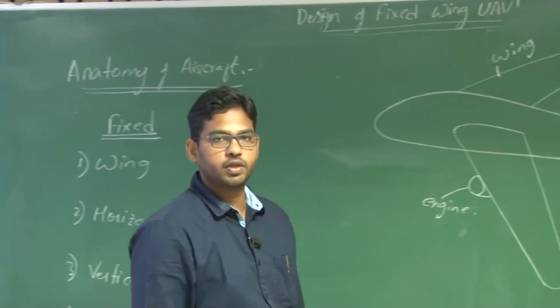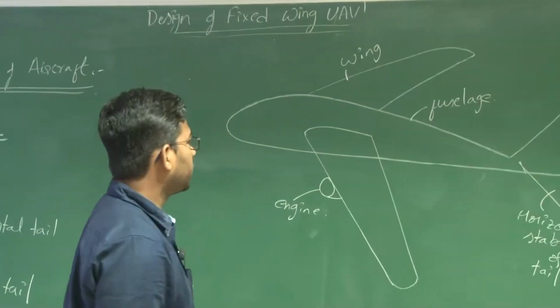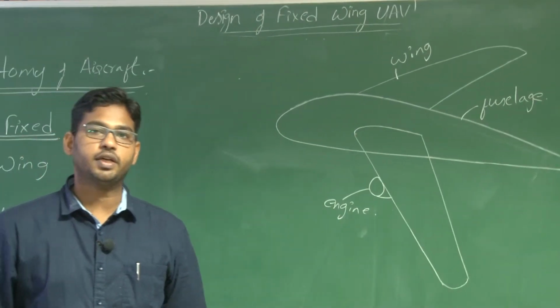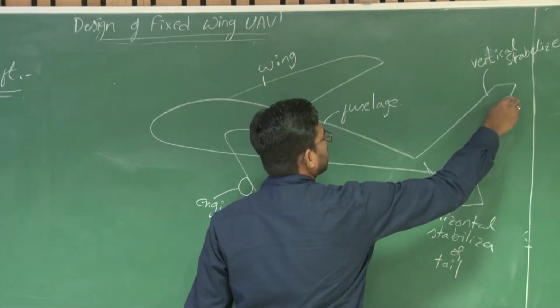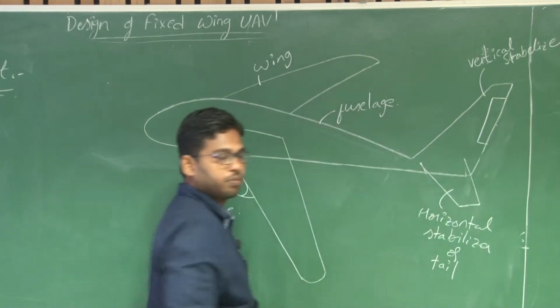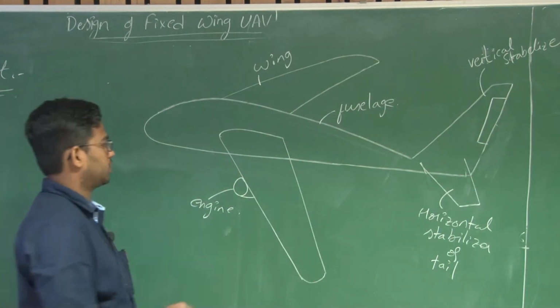We also have some moving components. Why do we need them? To control the orientation of this aircraft. Hence some of these moving components are known as control surfaces.